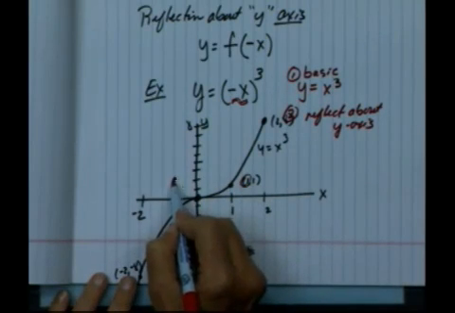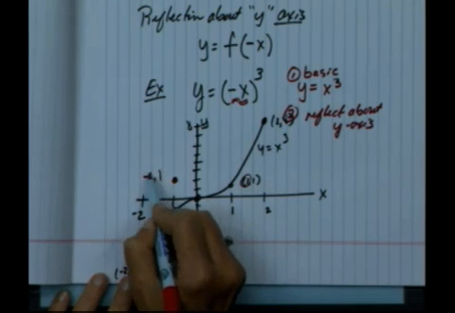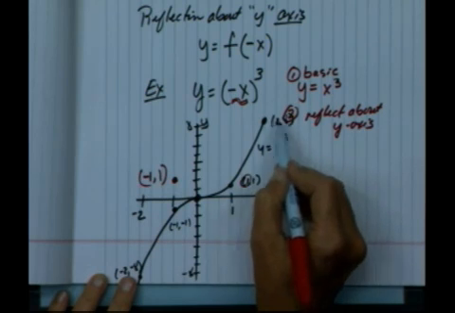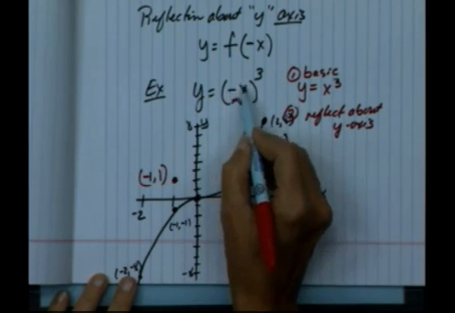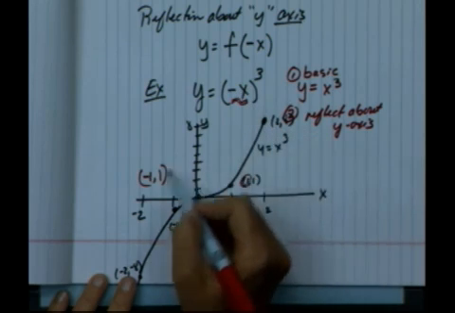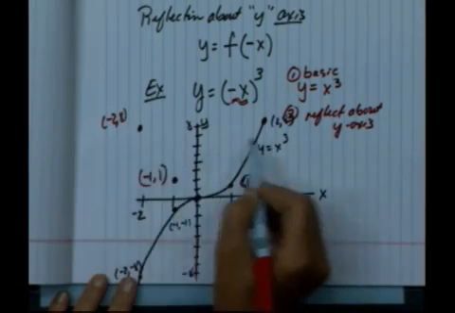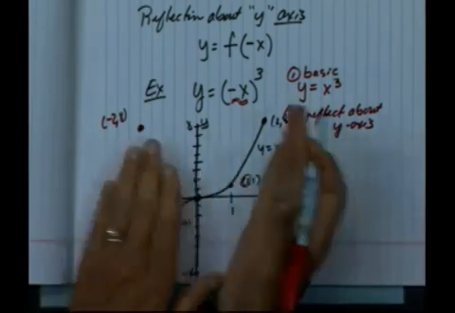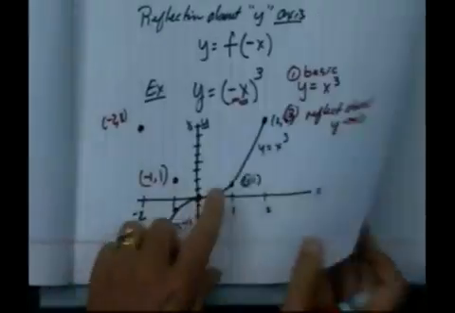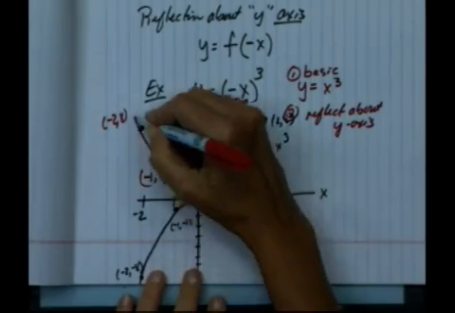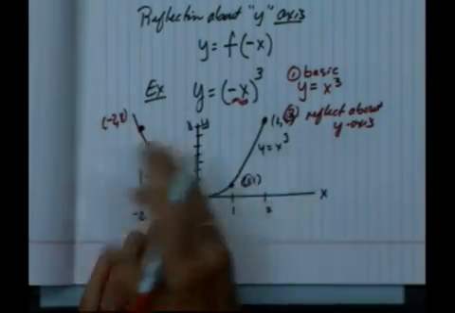So we will have negative 1, but leave your y alone. 2, 8, we're going to have the negative sign of the x, so that would be negative 2, 8. We're just flipping it over. Do you see how if I folded it on the y-axis, this is going to come across over here? It's like you're folding across the y-axis.